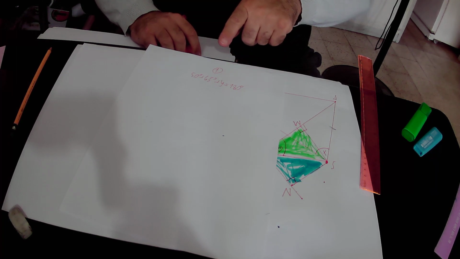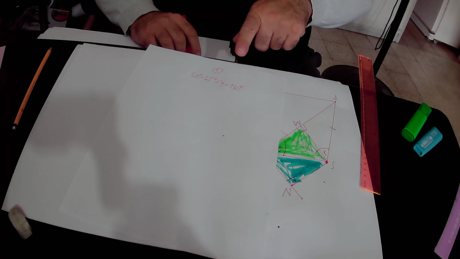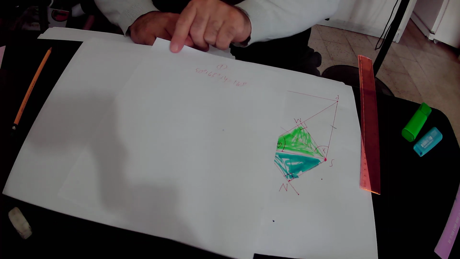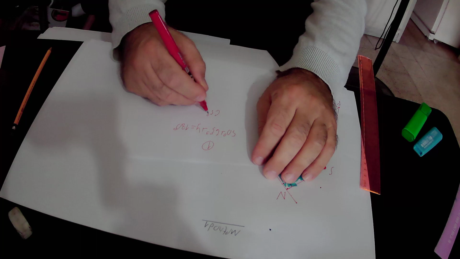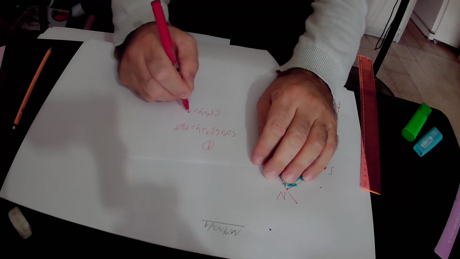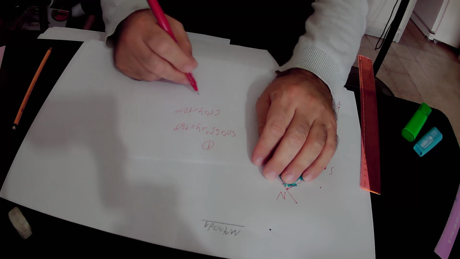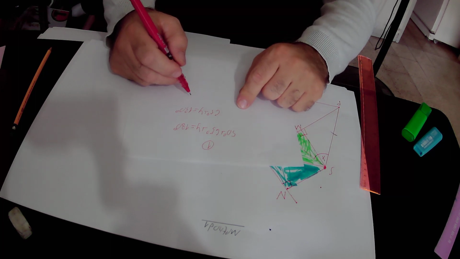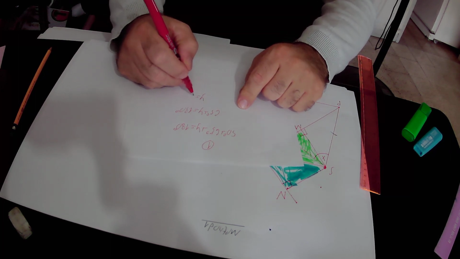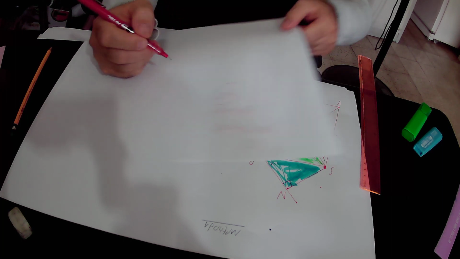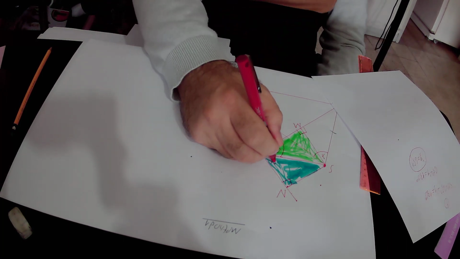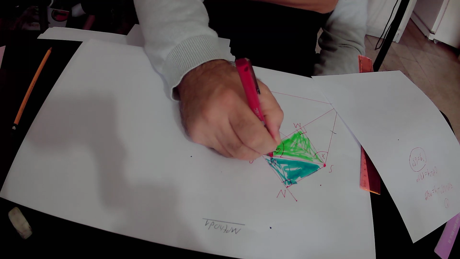So here we will subtract 50 degrees from this equality, and we will get that 65 degrees plus y equals 130 degrees. We will subtract 65 degrees, and we will get that y equals 65 degrees. So we found out that angle y equals 65 degrees. Okay, so this angle equals 65 degrees.